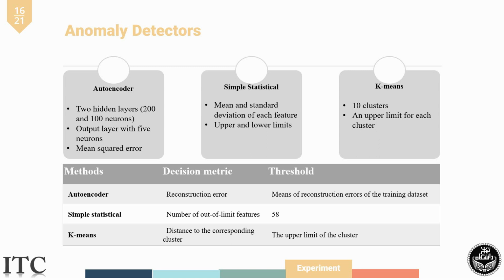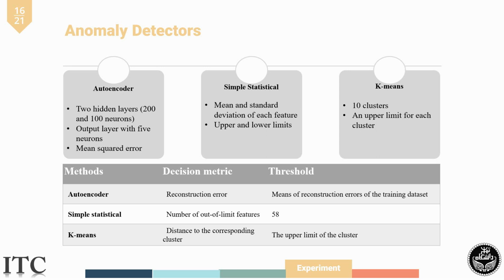In the training phase, the mean and standard deviation of each feature on the normal dataset is calculated, and for each feature, a lower and an upper limit is calculated. In experiments, if more than 58 features of a fragment were outside these regions, the fragment is considered an anomaly. It should be noted that 58 is 10% of the length of the feature set.